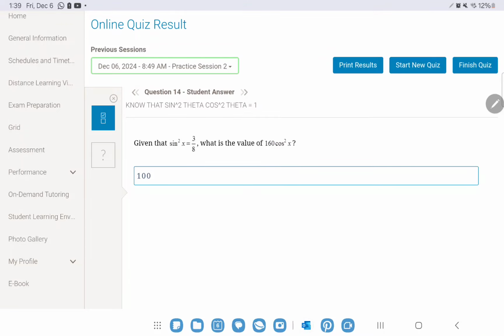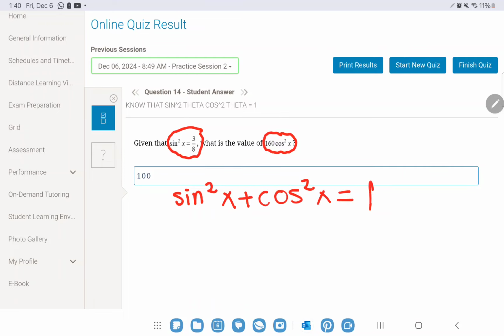Okay. So here, they're giving us that sine squared x equals this. They want the value of 160 cosine squared x. Let's write it again. We know that sine squared x plus cosine squared x equals 1.